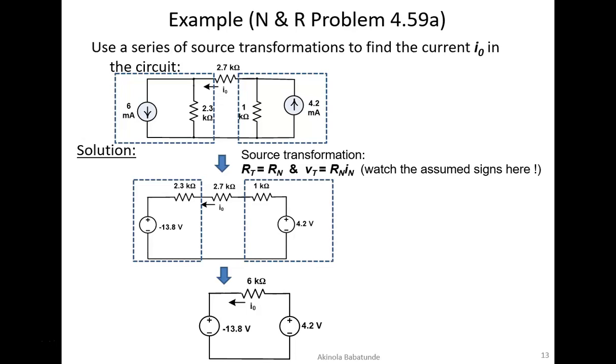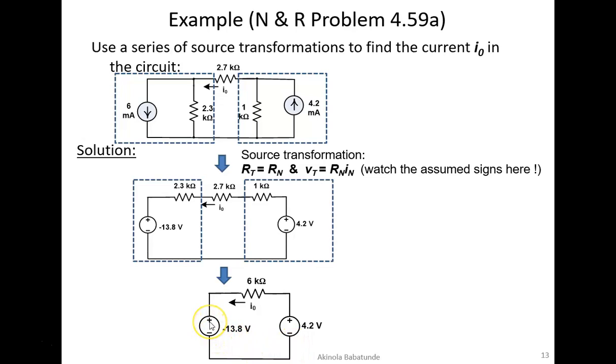In that particular case, the currents are not flowing in the same direction. In the case of series aiding voltage sources, where we have positive of one source connected to the negative of the other source, it allows current to flow in one direction.